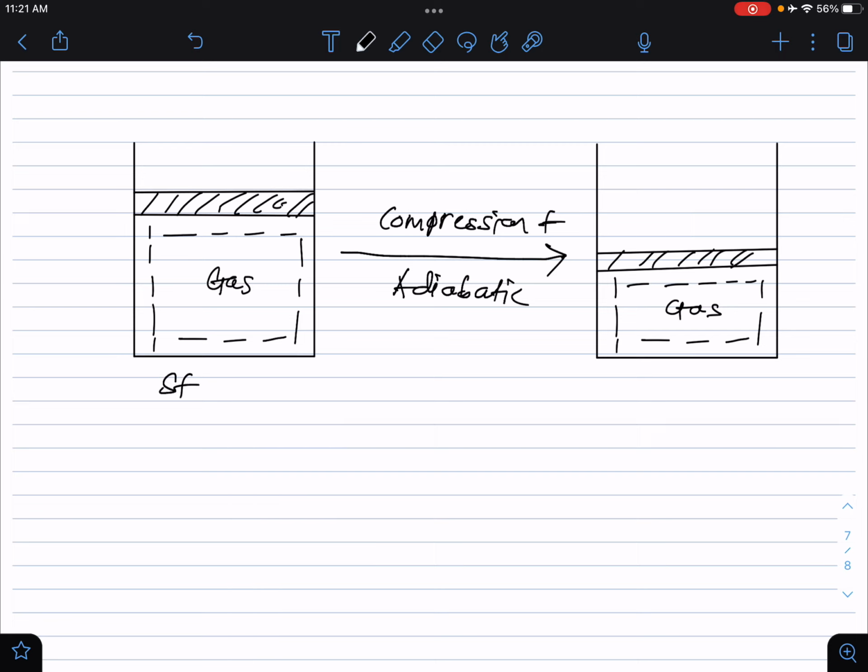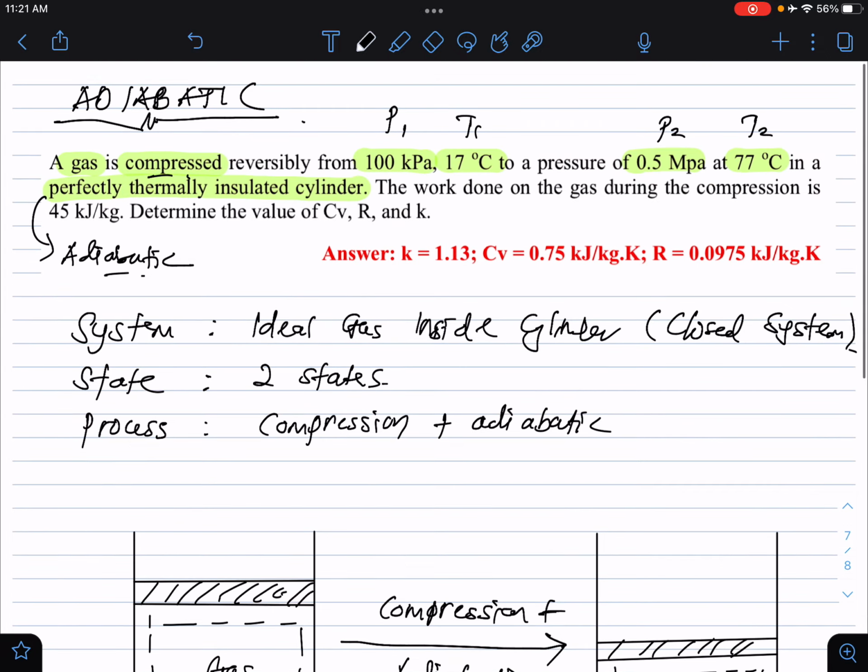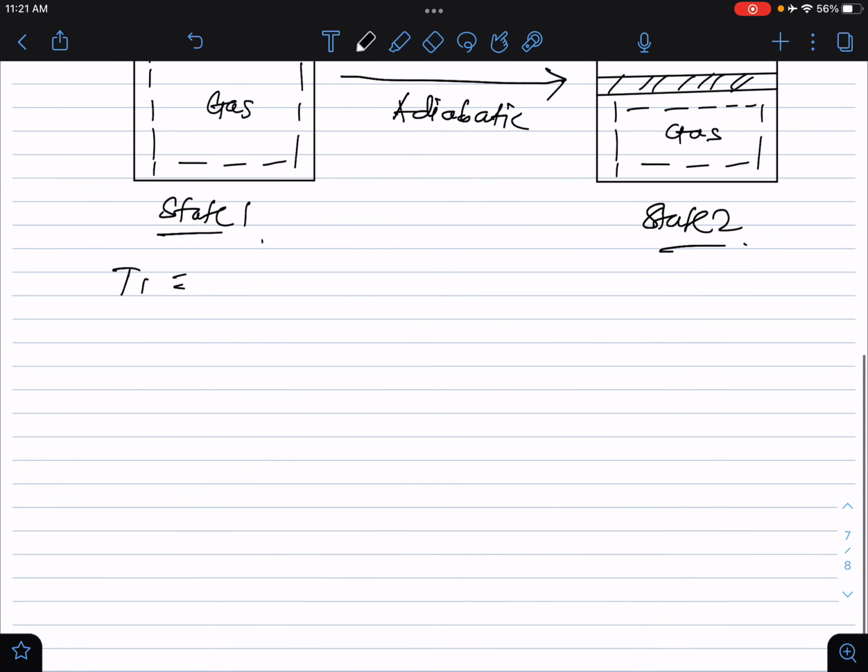This is state 1, this is state 2. And then you can list out the properties. This is our step number 5. T1 is given as 17 degrees Celsius. Since this is a gas, I will convert it into Kelvin. It will become 290 Kelvin.